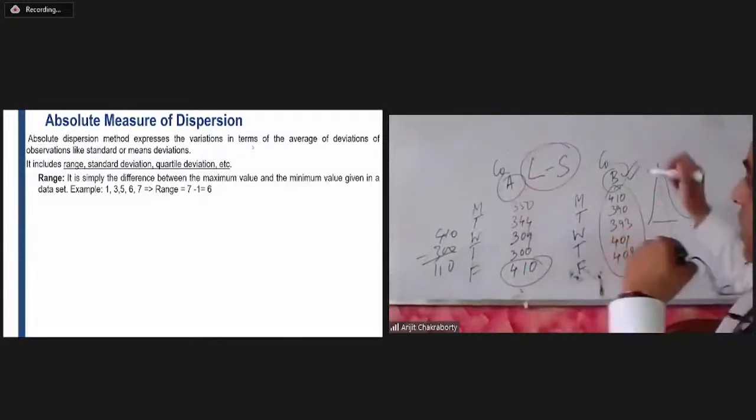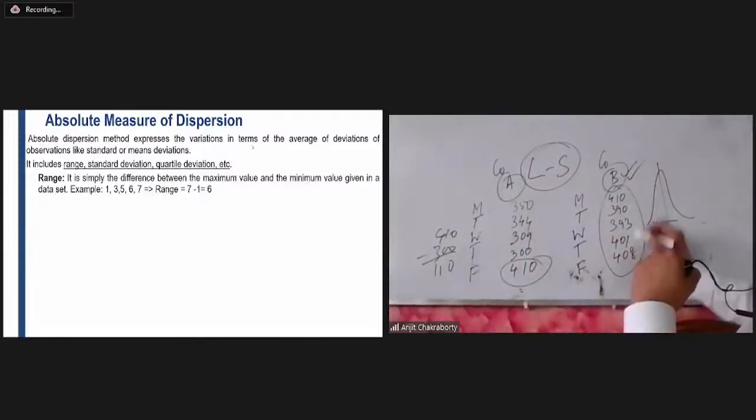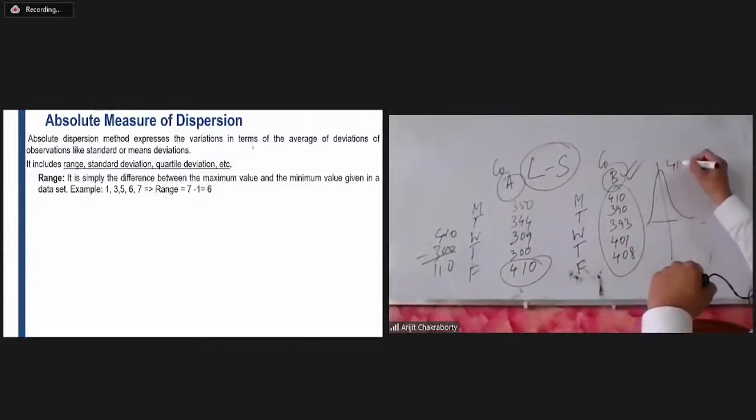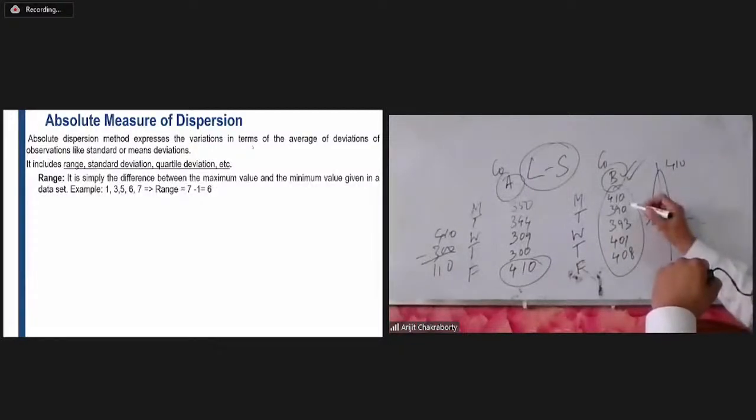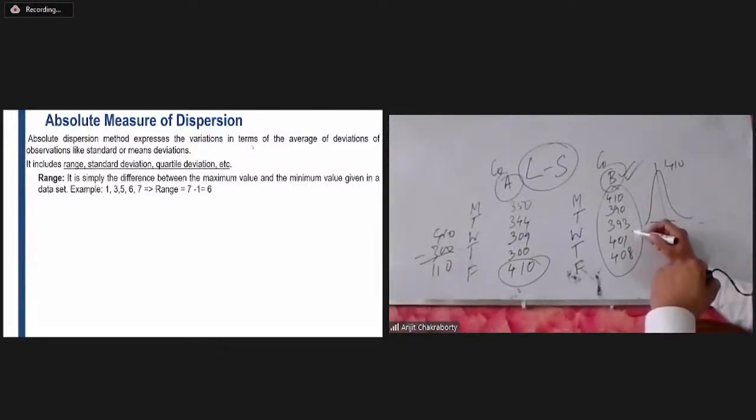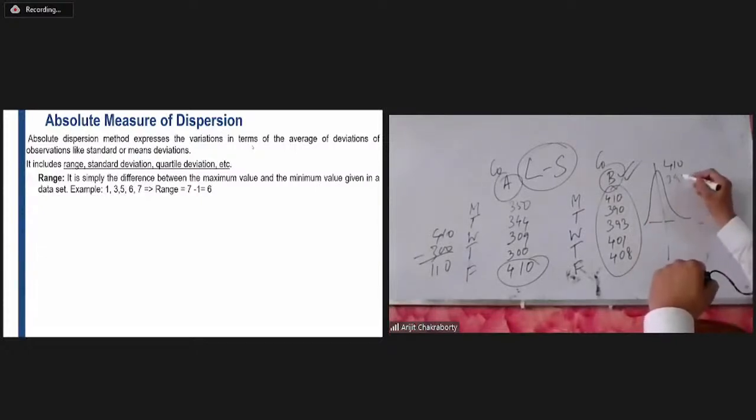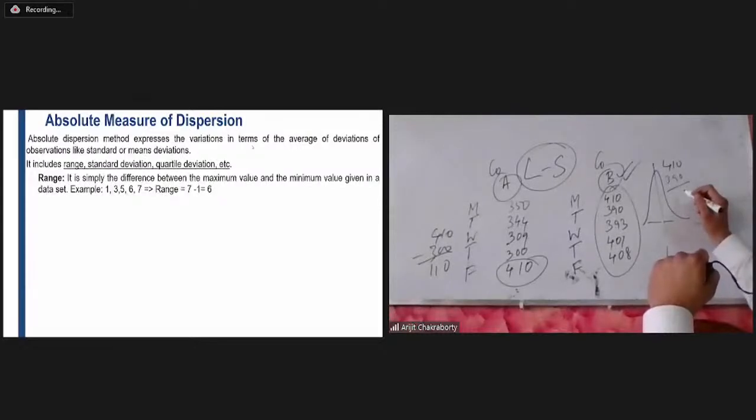In the second case, company B, you can see the highest price is 410. And the lowest price, if we check, here also, I think is 390. So here you can see 410 and 390. So the range is 20.